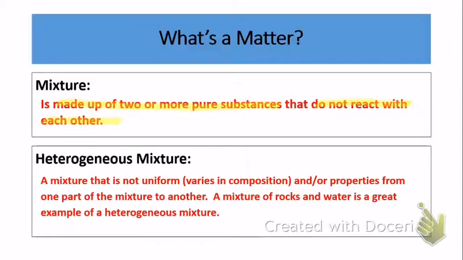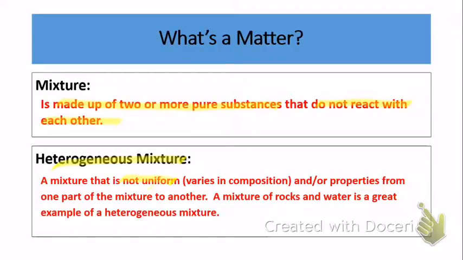All right. There are 2 types of mixtures, as we mentioned earlier, homogeneous and heterogeneous. We're going to look at heterogeneous first. By definition, a heterogeneous mixture is not uniform. That's the key thing there: a heterogeneous mixture is not uniform. That means its composition is going to vary. The two substances mix, but they don't dissolve.